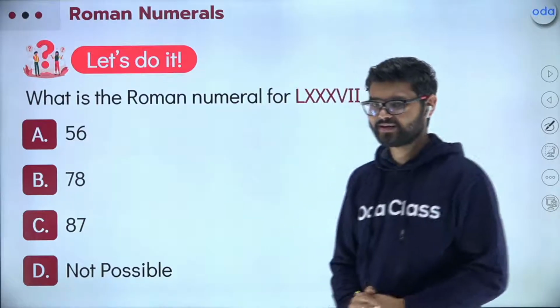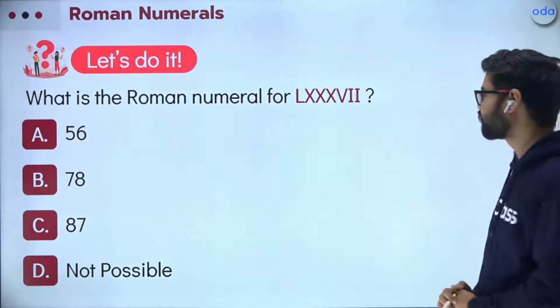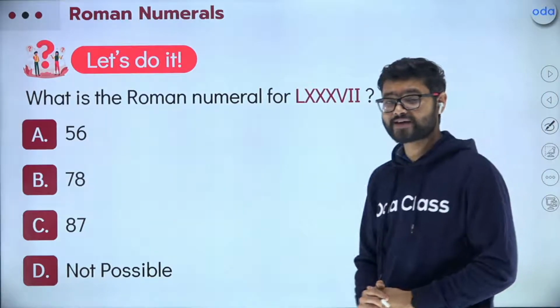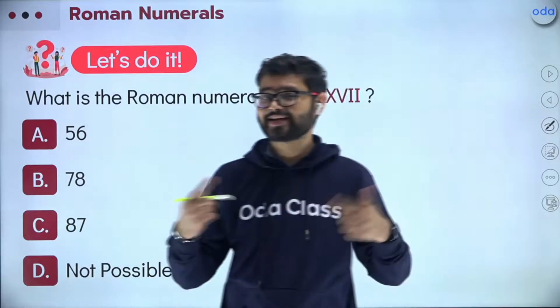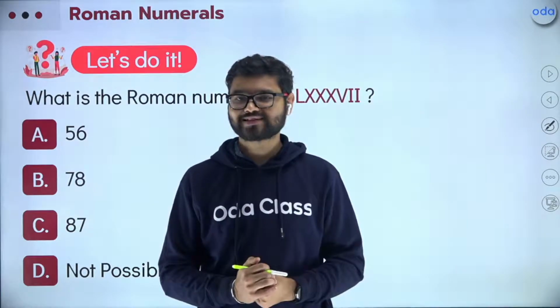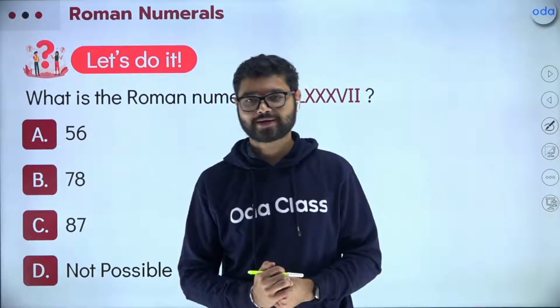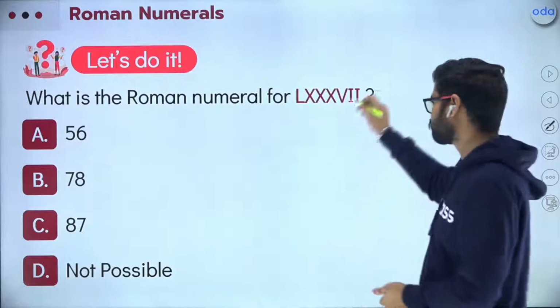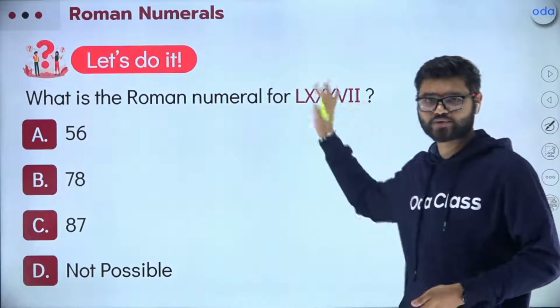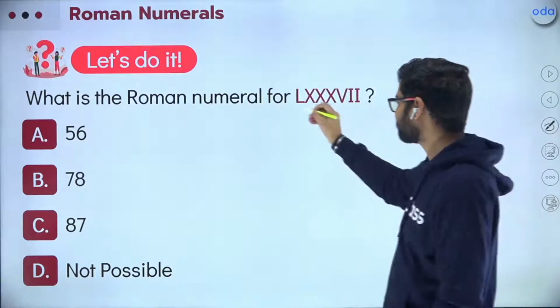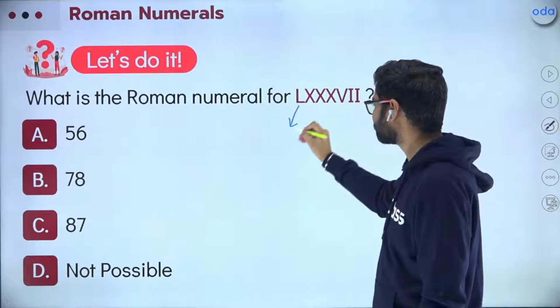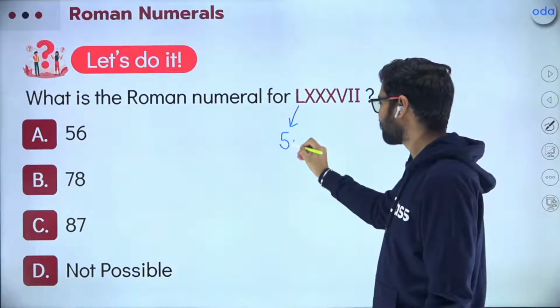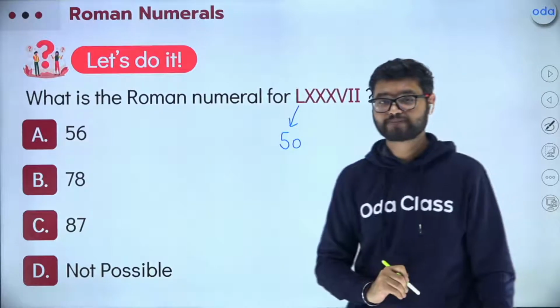Okay, nice. We have got a few answers. Now, those who have given the wrong answer or those who are still thinking how to solve it, I'm going to show you that. Go with the flow. Stick to the process only. I do not know what this entire number is, but I definitely know that this L means 50.